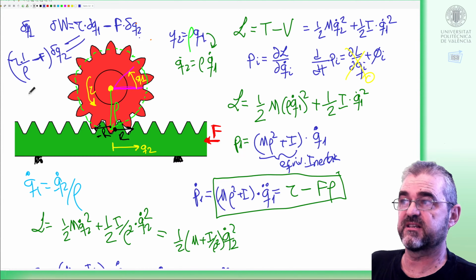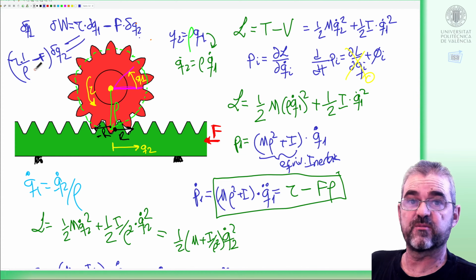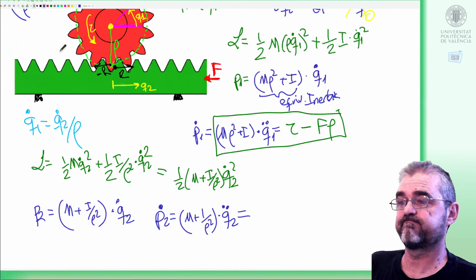So it means that this expression that multiplies the virtual displacement is the one that goes in the Euler-Lagrange equations.